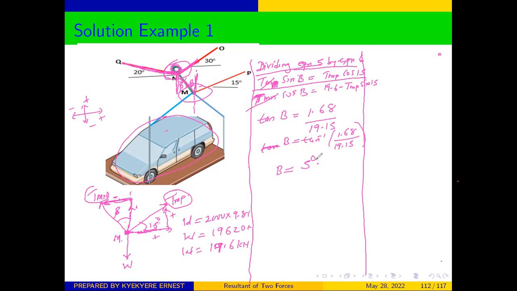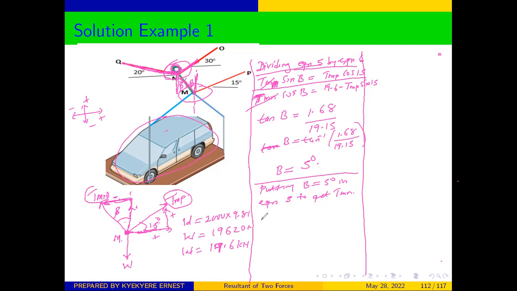Then, once you have gotten beta, we can put beta in any of the equations, equation 1, 2, 3, 4, to get the value of TMN. But I think it's easier we put it in equation 1. Therefore, putting beta equals 5 degrees in equation 5, which was gotten from 1, to get TMN.